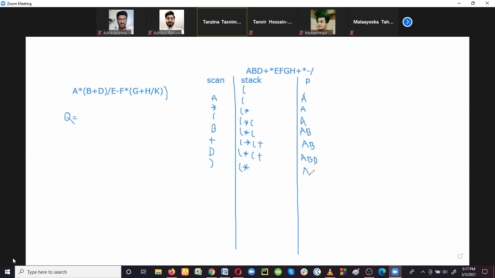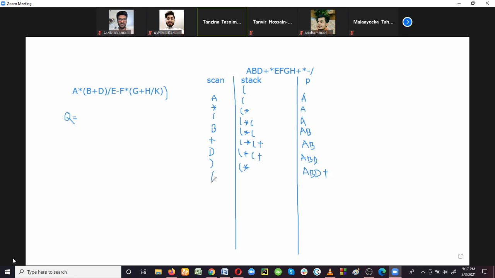Then we can place that plus operator after D. So this is our expression ABD plus. Okay, and then the next one is an operator, that is division. So where can we store it? In the stack, or we have to pop the topmost element from the stack? Because there are 2 rules for operator.